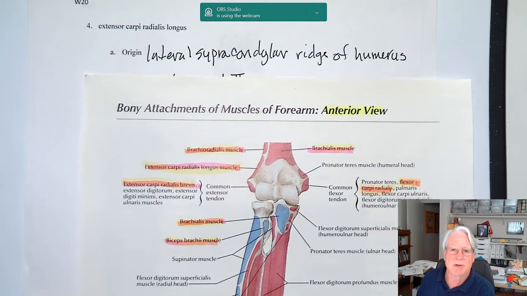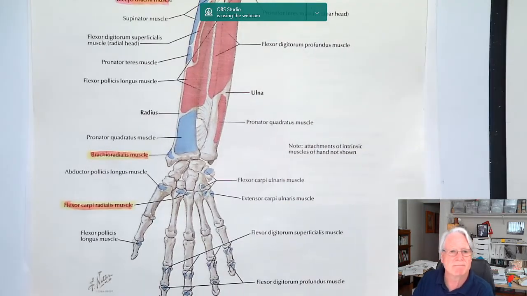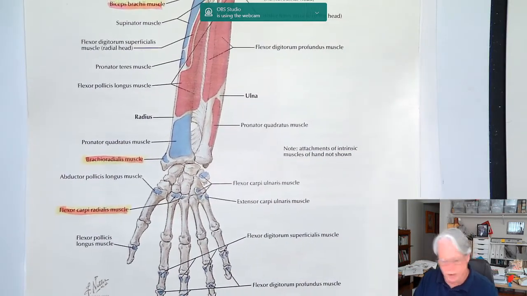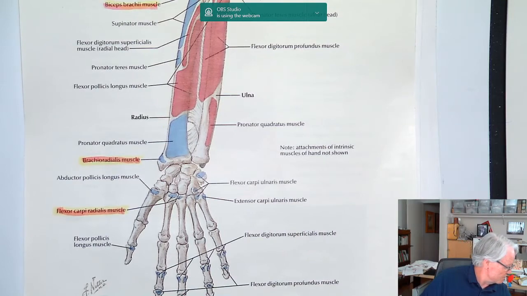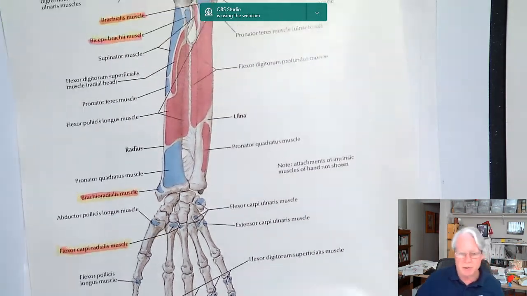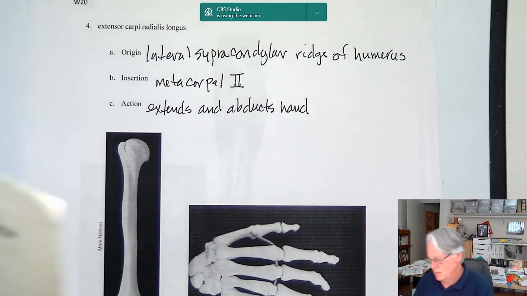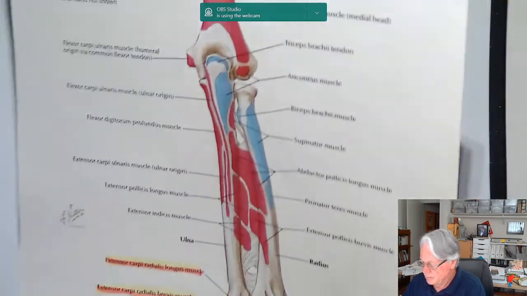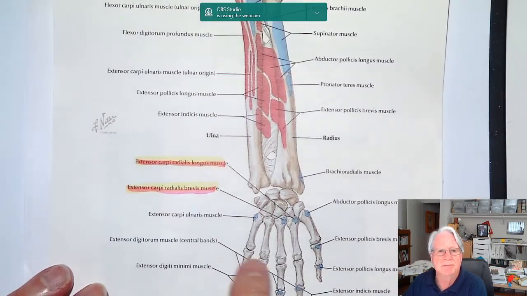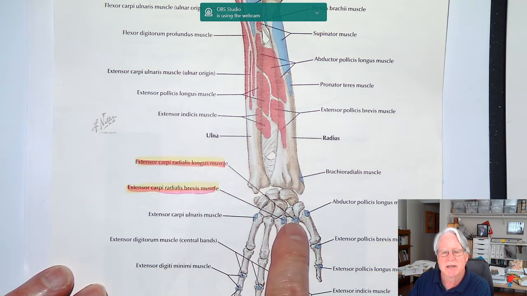Then we go to the insertions, and here we have to go to the posterior view of the hand. In the posterior view, extensor carpi radialis longus is right there, so that's metacarpal II.